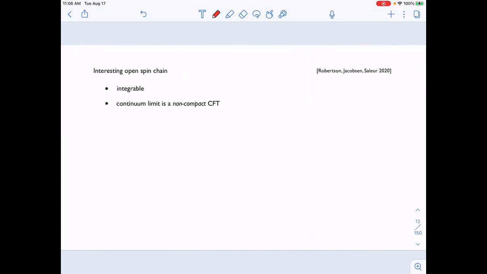And one of the remarkable features of this spin chain is that its continuum limit is a non-compact CFT. So that means that it has a continuum of conformal dimensions, even though it's a lattice model with a finite number of degrees of freedom at each site. And this work, which was for the open spin chain, builds on previous work for periodic spin chains mentioned here.